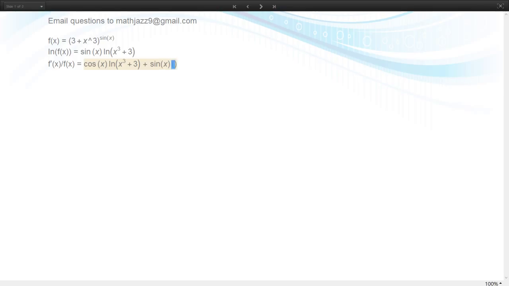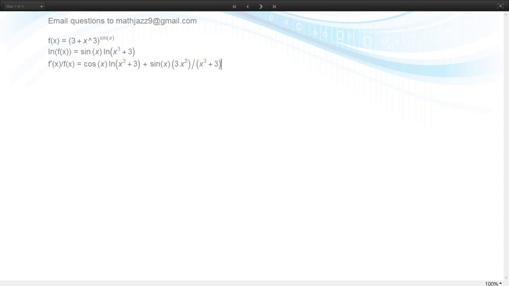The numerator of our fraction will be the derivative of what's inside the log, 3x squared. And then the denominator of our fraction will be what's actually inside the log, which is going to be x cubed plus 3, like so.